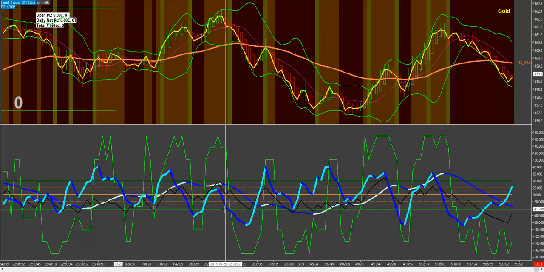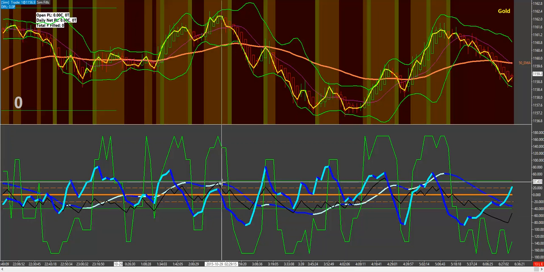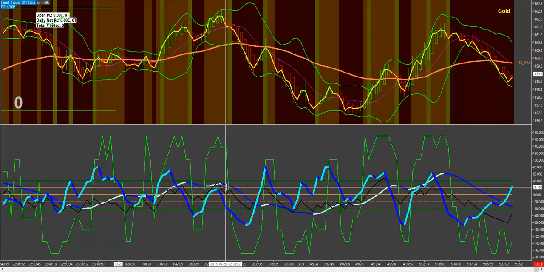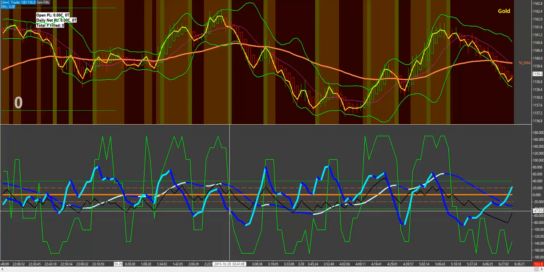So we got signal 1, blue outside the lower mids. We got signal 2, white MACD inside the mids. We don't have signal 3, but we have signal 4, Arun with the blue outside the lower mids.